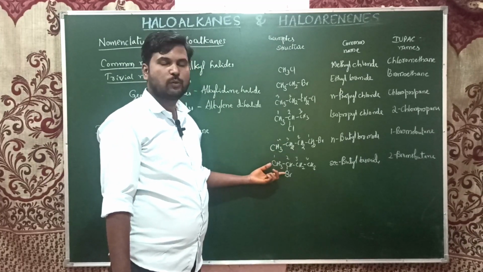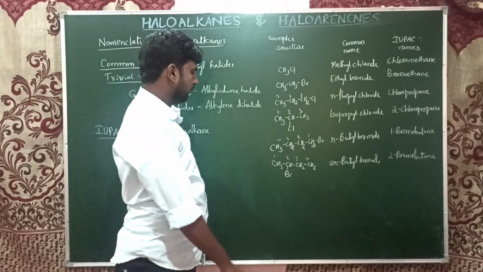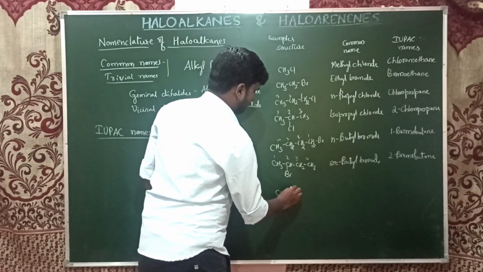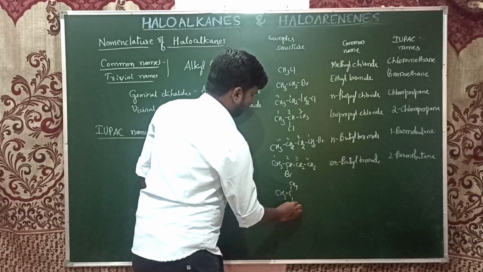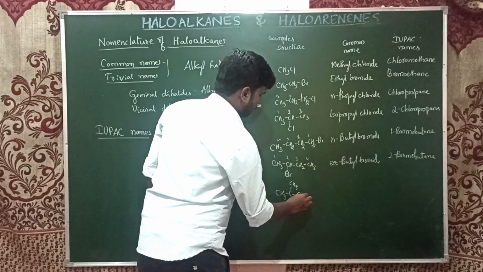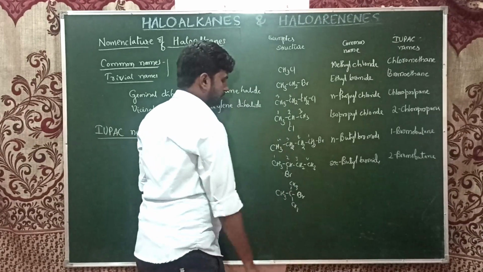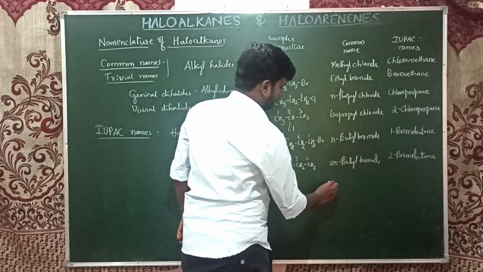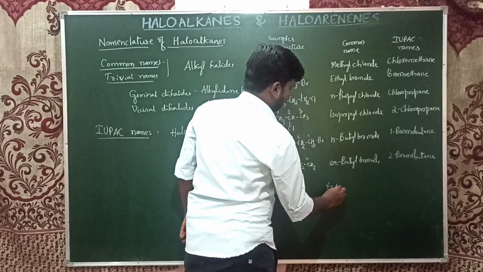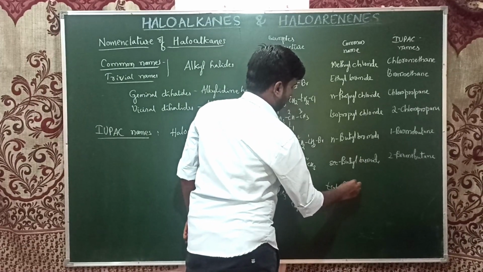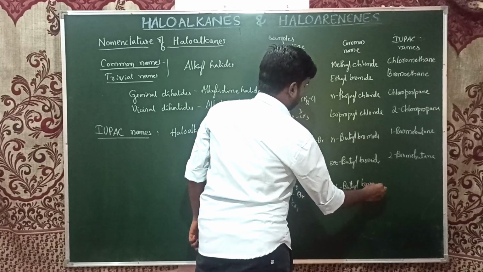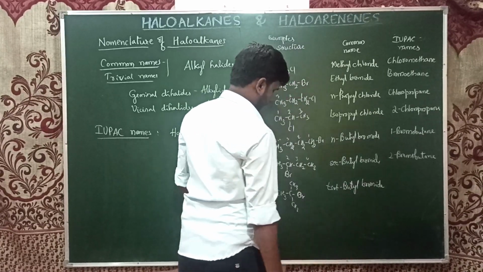The secondary butyl bromide is secondary, and we also have tertiary butyl bromide, with three CH3 groups and Br on the central carbon. This is the tertiary butyl bromide.